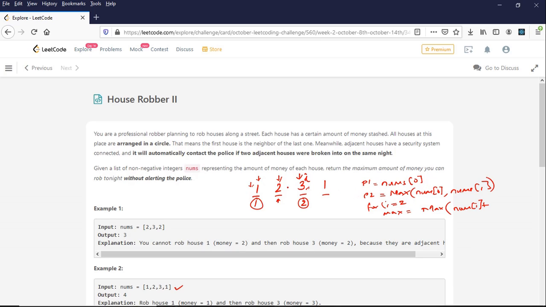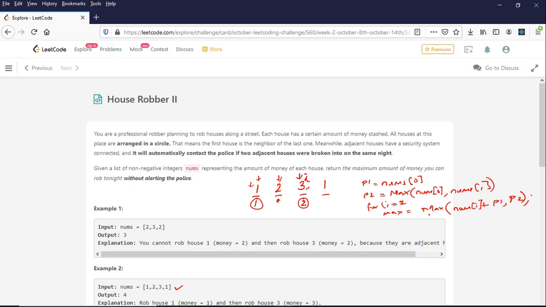So it is 2 minus 2, because we cannot do 2 minus 1 as that will be adjacent. So 2 minus 2 is nothing but p1. So nums of I plus p1, or I can directly select the previous best. The previous best was p2.